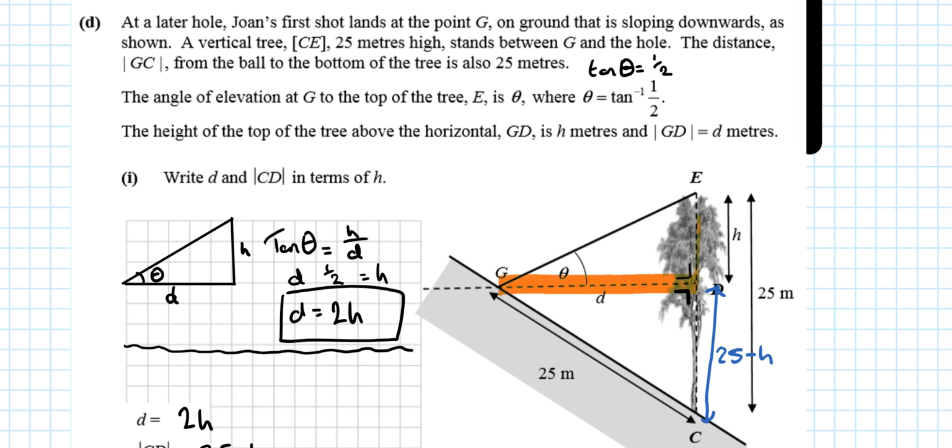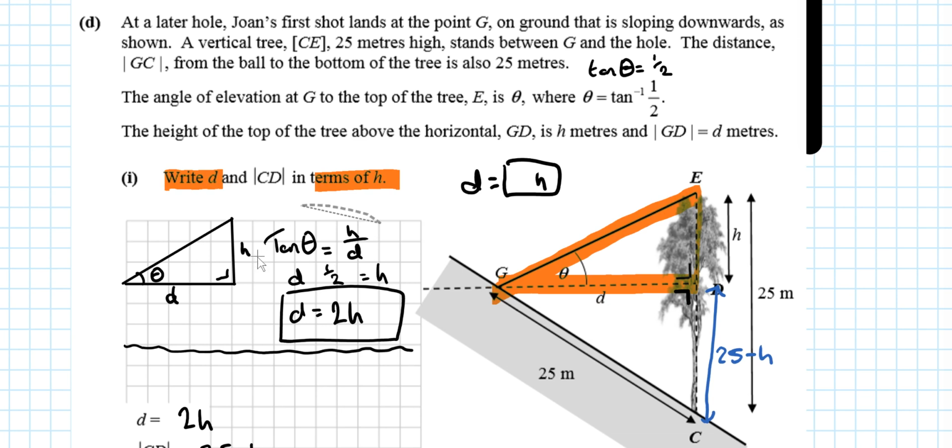Okay, so first of all, consider this. I want d equals something with an h in it. Well, this is a right angle triangle. What do I know about it? I know this is d, this is h, so I know tan theta is equal to h over d.